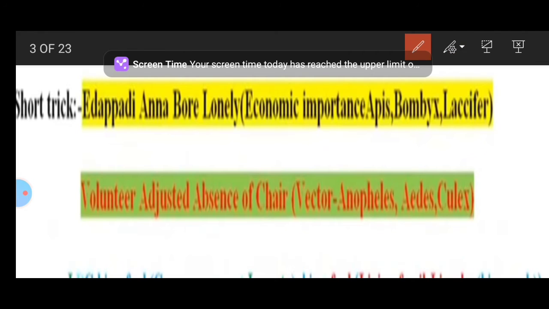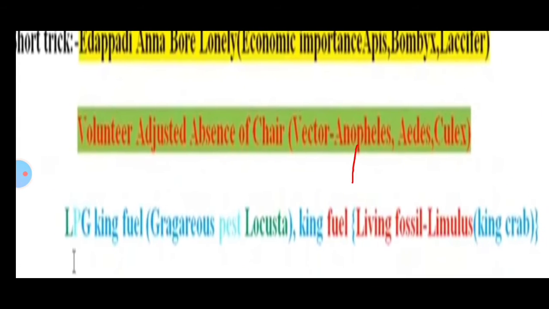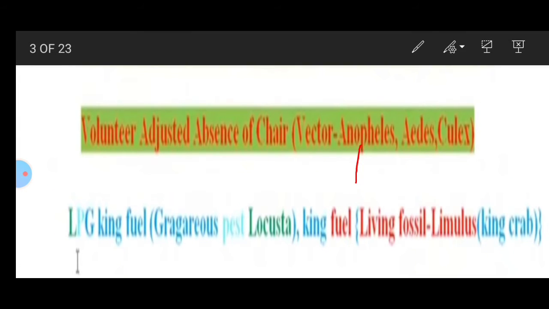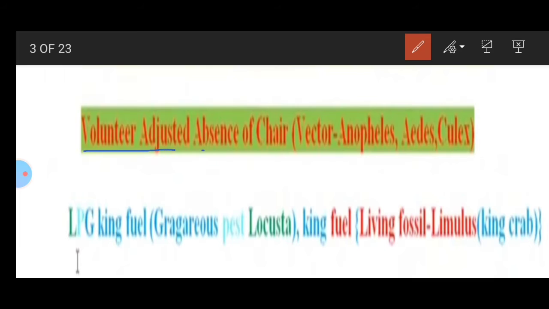Next, volunteer adjusted absence of chair. This is also an example of the phylum Arthropoda. What does this mean? Just look at it.